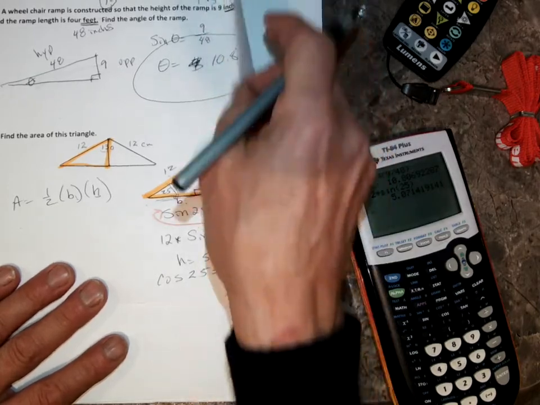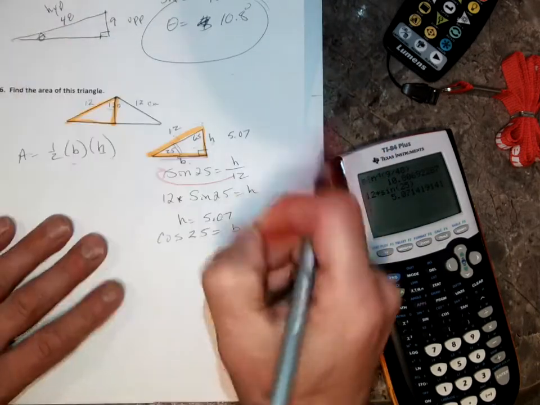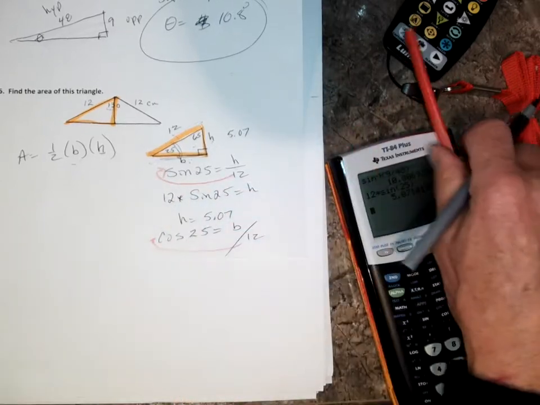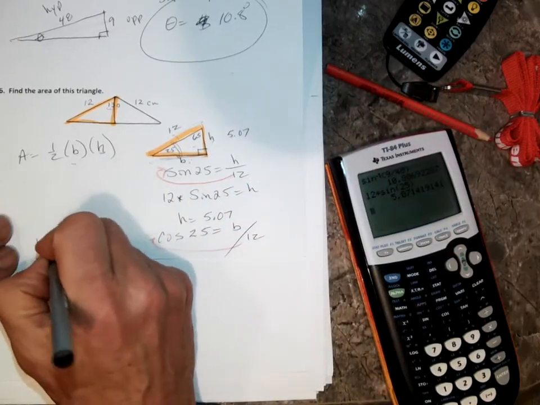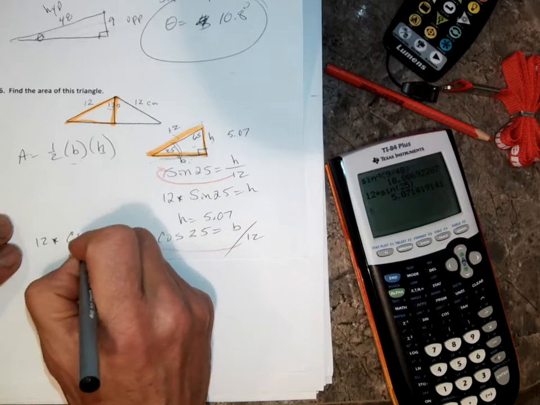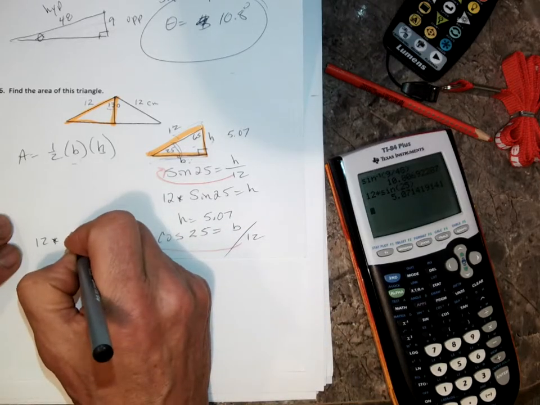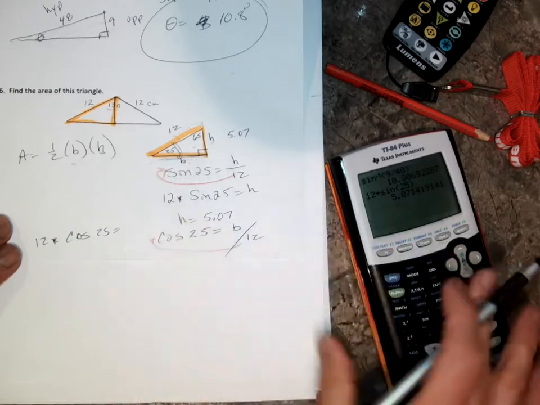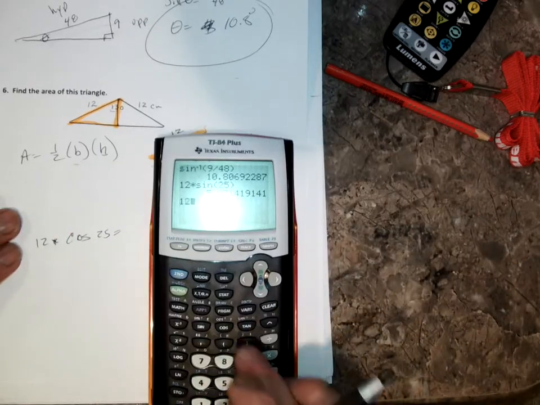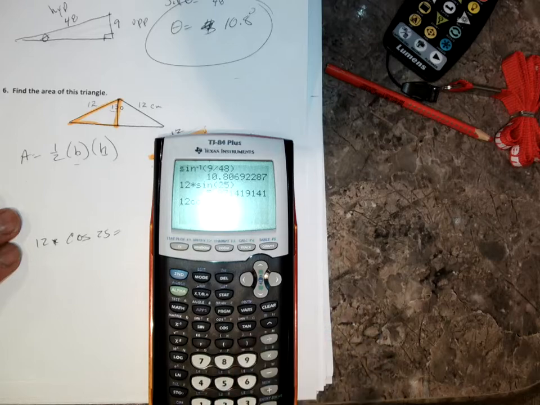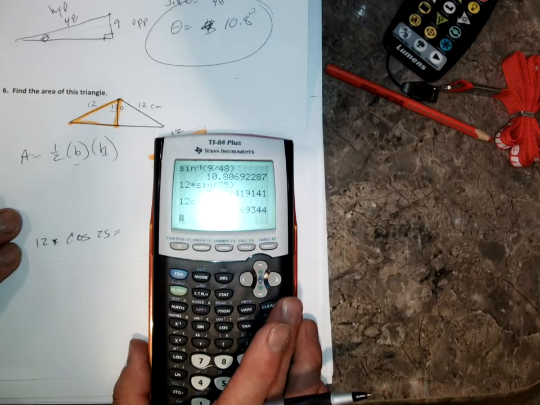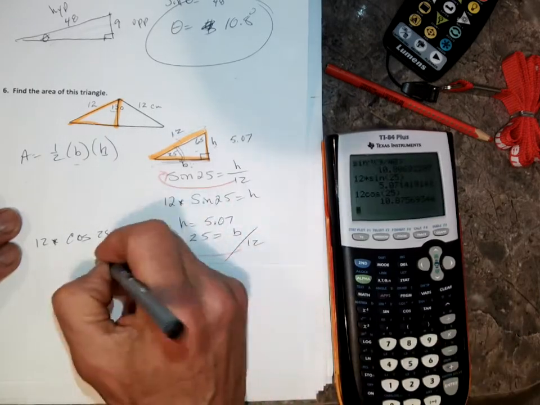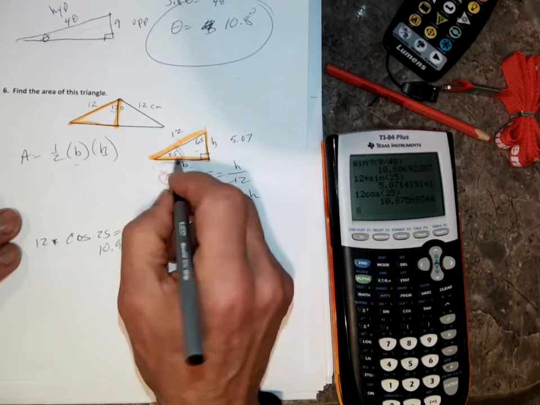Again, I'll multiply up the 12, so 12 times the cosine of 25 gives me b. This is that base right there. Calculator time, 12 cosine 25, I get 10.87, let's round up to 10.9. So that's the base, 10.9.